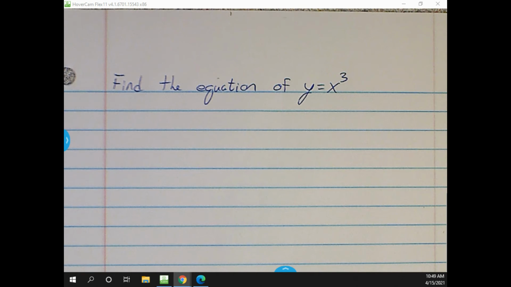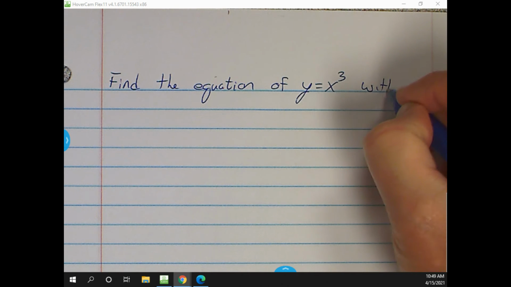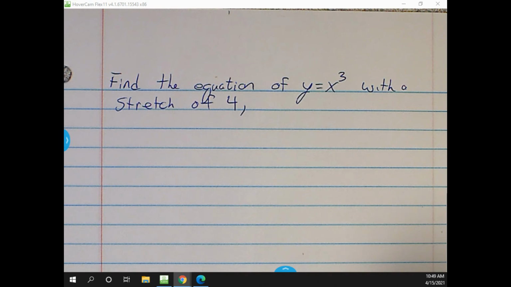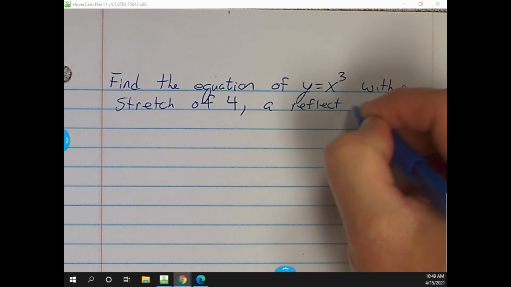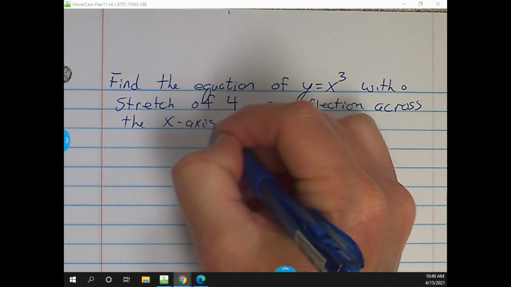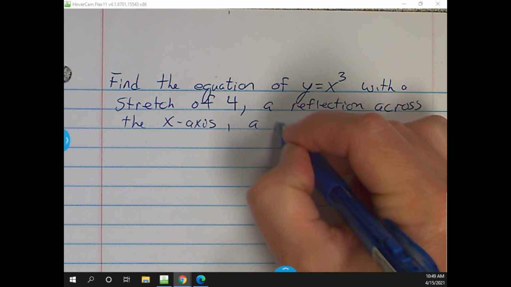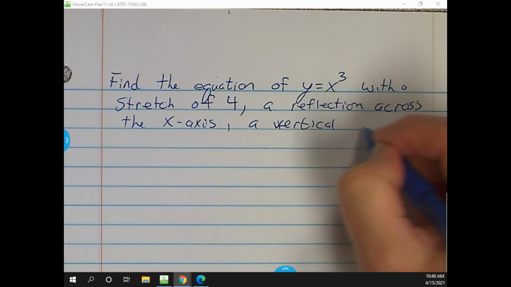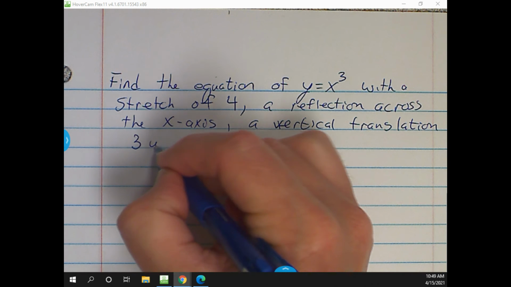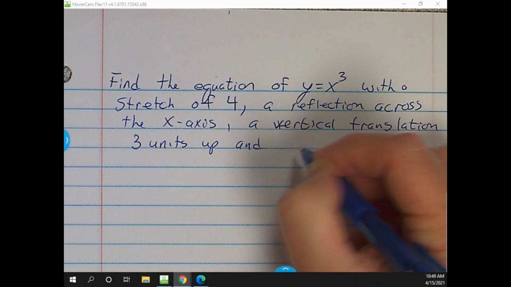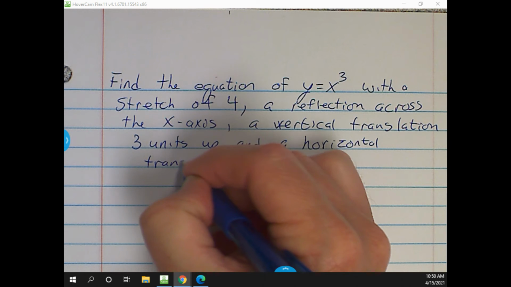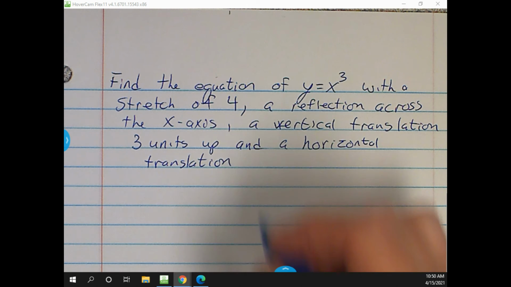They may do something like this where they'll say, find the equation of y equals x cubed with a stretch of 4, a reflection across the x-axis, a vertical translation three units up, and a horizontal translation two units right.